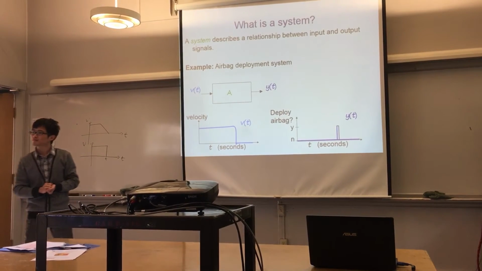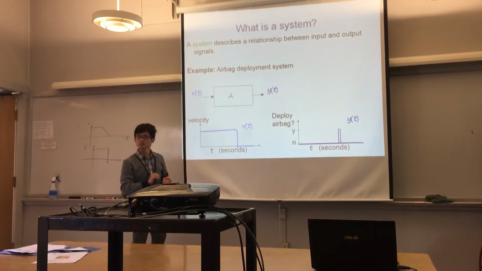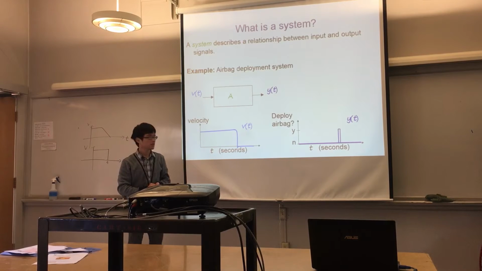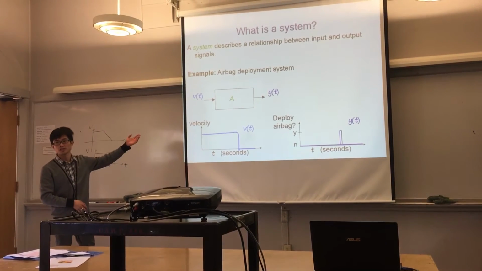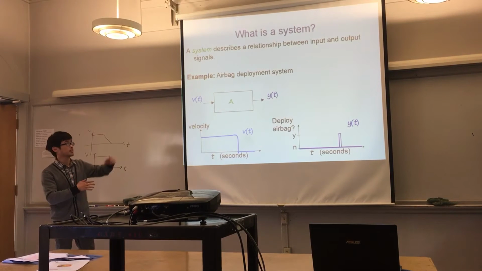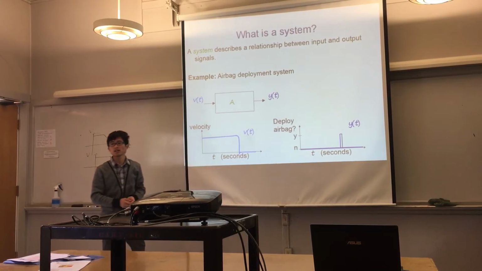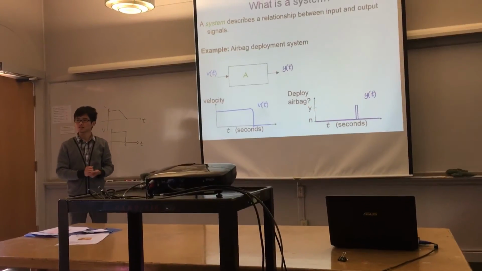Sudden decrease in velocity. Yeah, that's correct. What is the output signal? Deployment of the airbag. Since it has an input signal, and within this system it has an output signal, we can call it a system. Did I answer your question?